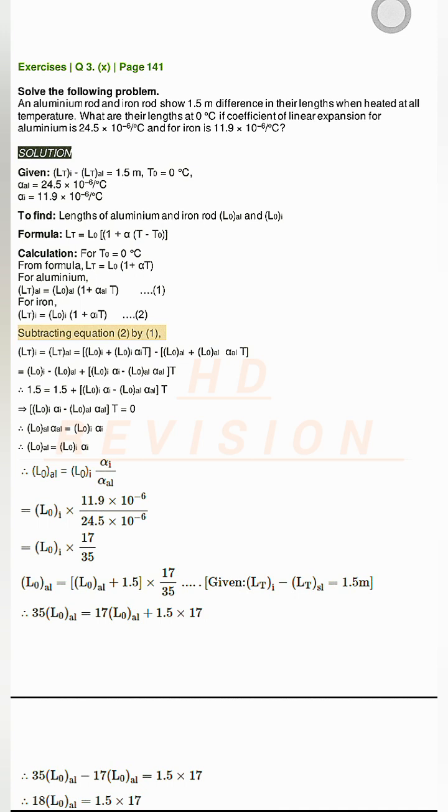Subtracting equation 2 by 1, LT I minus LT Al equals L0 I plus L0 I alpha I T minus L0 Al minus L0 Al alpha Al T. So 1.5 equals 1.5 plus L0 I alpha I T minus L0 Al alpha Al T. Therefore L0 I alpha I minus L0 Al alpha Al T equals 0, so L0 Al alpha Al equals L0 I alpha I.